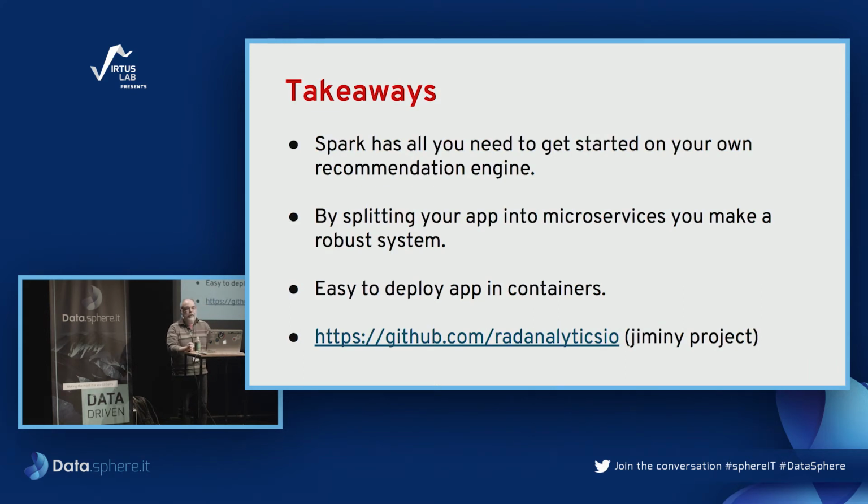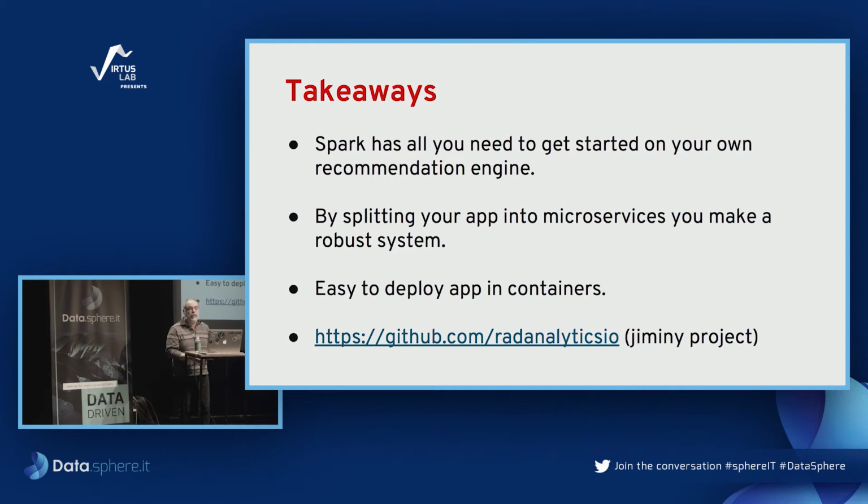I guess some takeaways from the experience of implementing a use case of an intelligent application using microservices are that Spark is quite well suited for this kind of off-the-shelf implementation. MLlib provides you with the basis of what you need to get started, and it also allows you to deepen some algorithms or change them if you want.